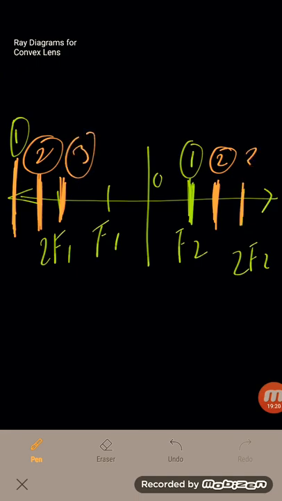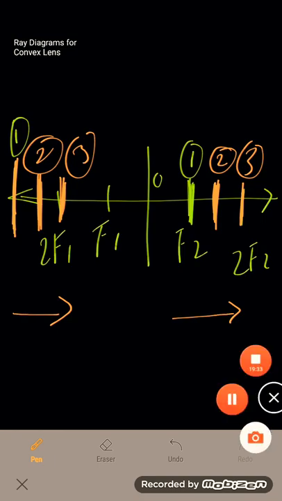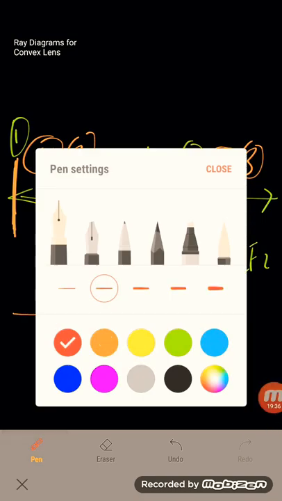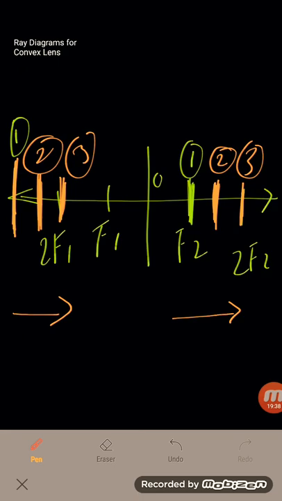This is 3. Are you able to guess the pattern? The object is sliding this side, the image is also sliding this side. Now, if the object is here, this is the fourth position, the image is here to the right side, beyond 2f2.